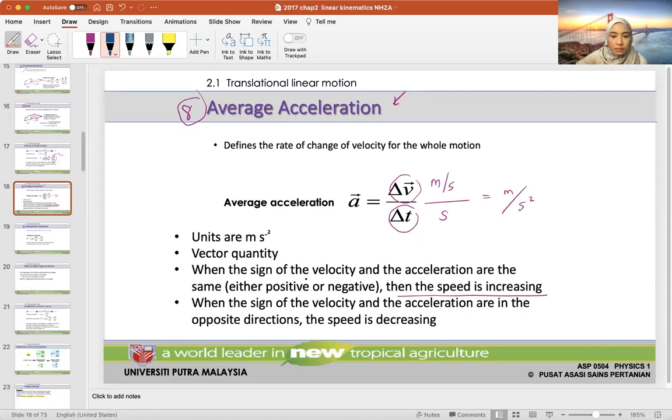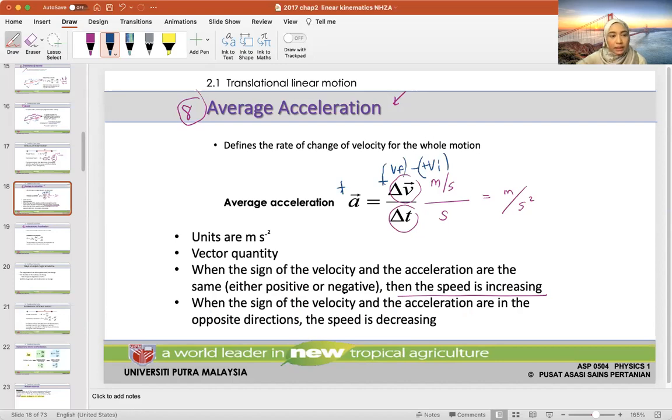If they have the same sign, let's say acceleration is positive, V final is positive minus V initial, positive as well. Here it is positive, and this is positive too. Then the speed is increasing. When the sign of the velocity and acceleration are in opposite directions, the speed is decreasing.